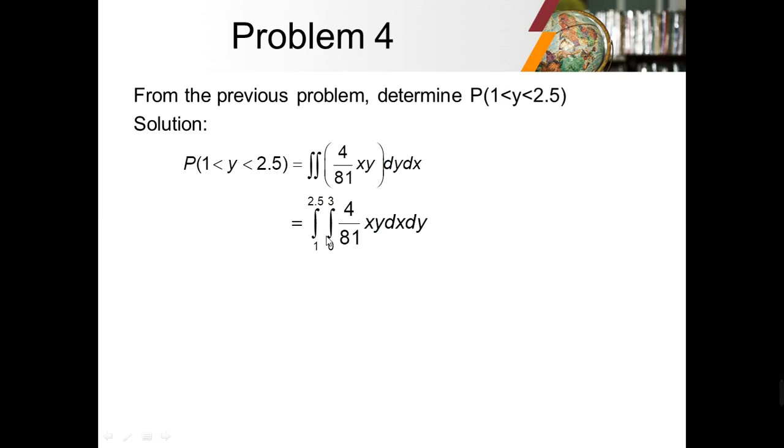Bakit nga uli? Dahil ang hinahanap natin ay marginal probability ng y. Okay? So, pagkatapos nito ay i-integrate na ulit tayo. Okay? In terms of x naman ang mauuna. So, ilalabas lang uli natin yung 4 over 81. Maiwan naman si y, then integral ng x dx is x squared over 2. Okay? Then again, 0 to 3. That's the limit for x.